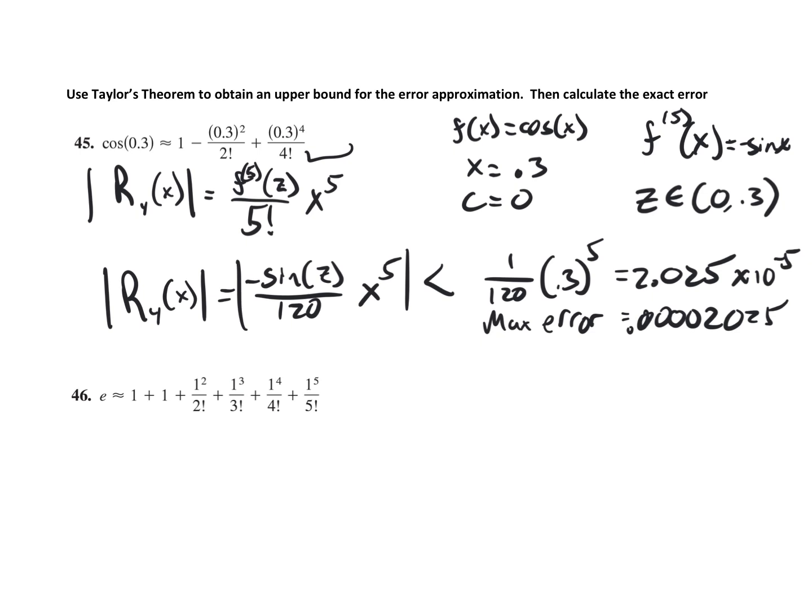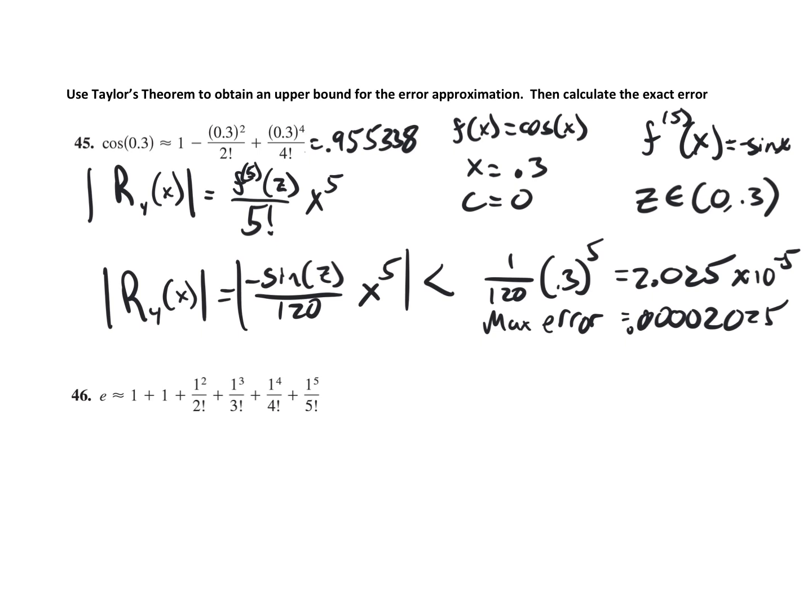And if we evaluate this here, let's see what we get. So plugging this into the calculator, we get 0.955338. That's the approximation.